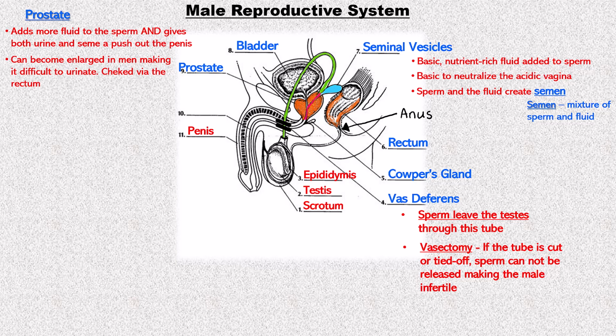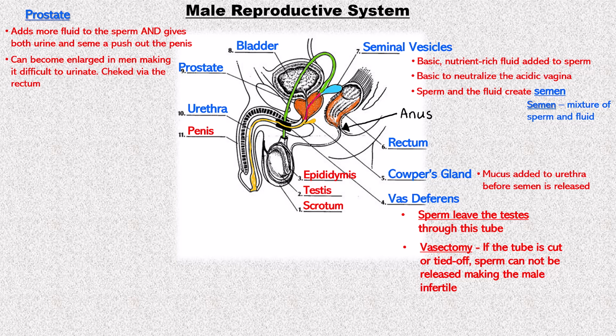While this is all going on, or before the sperm even leave the testis, this little gland, the Cowper's gland, will add a mucus to the urethra. It will lubricate the urethra, getting it ready for the eventual release of the semen. Number 10 is the urethra.